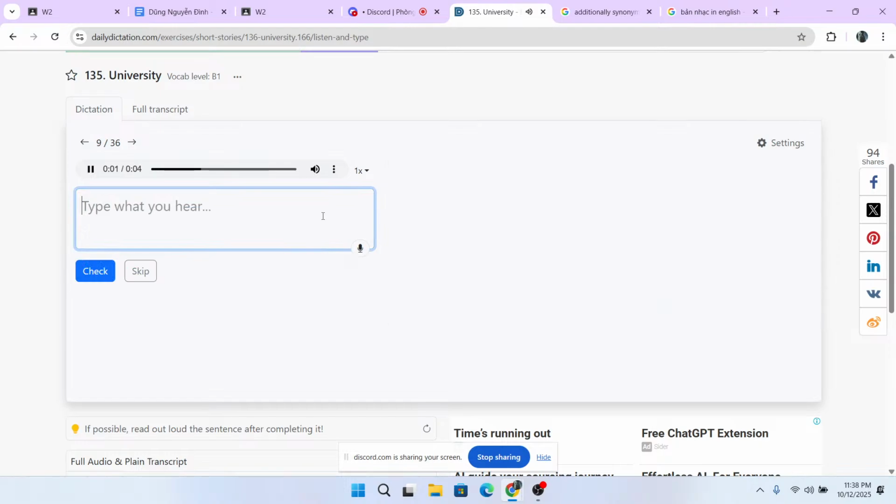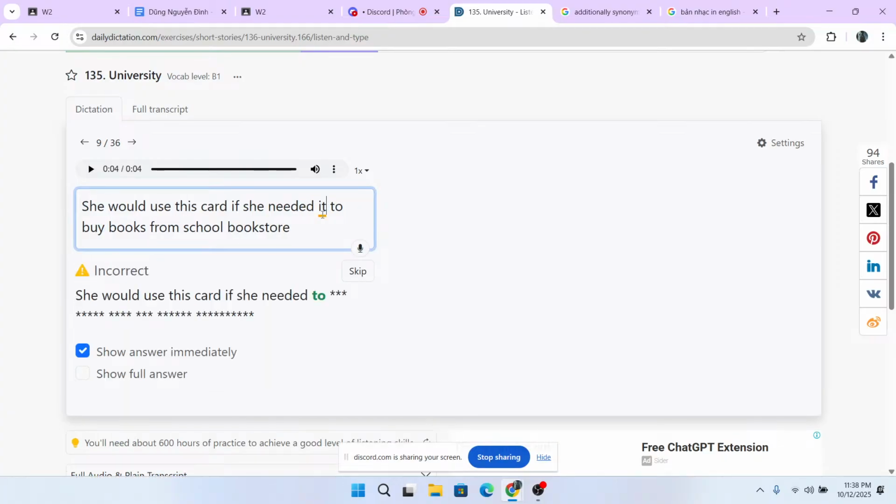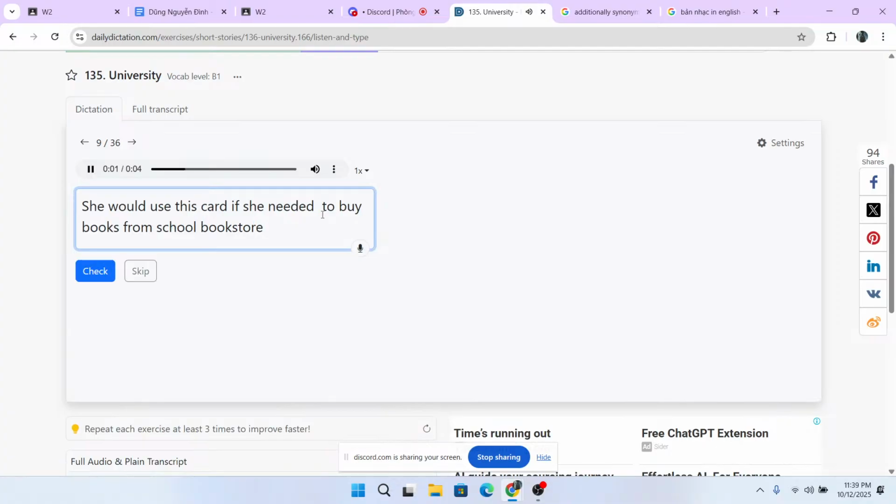She would use this card if she needed to buy books from the school bookstore.